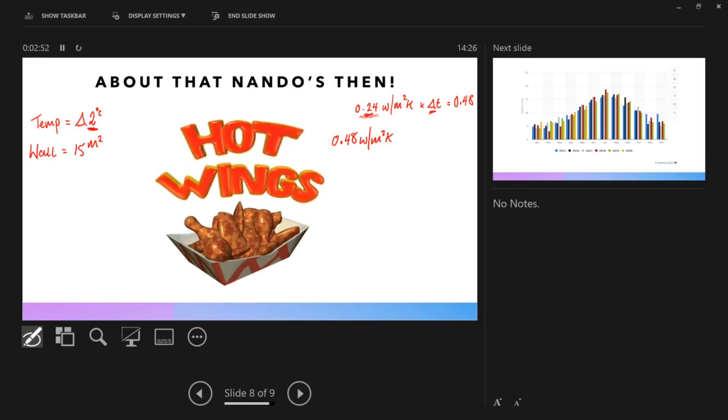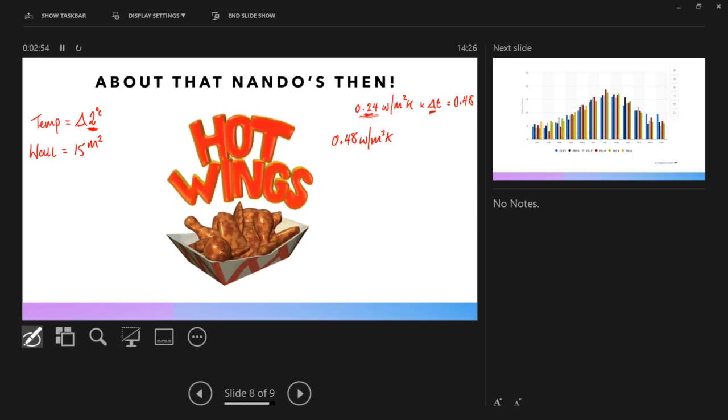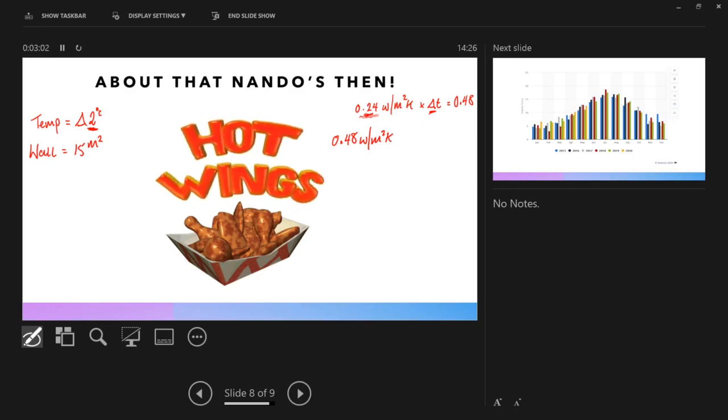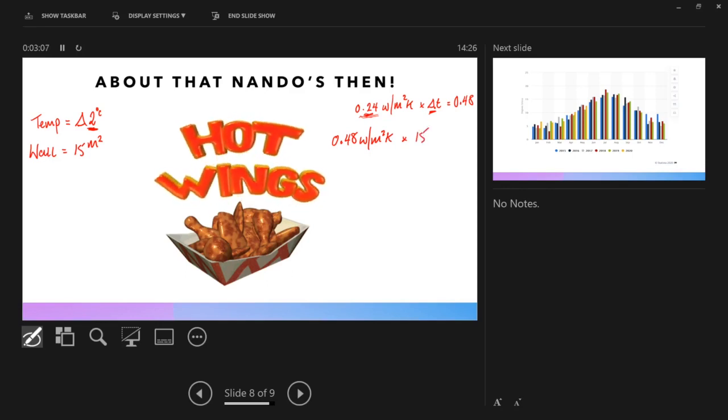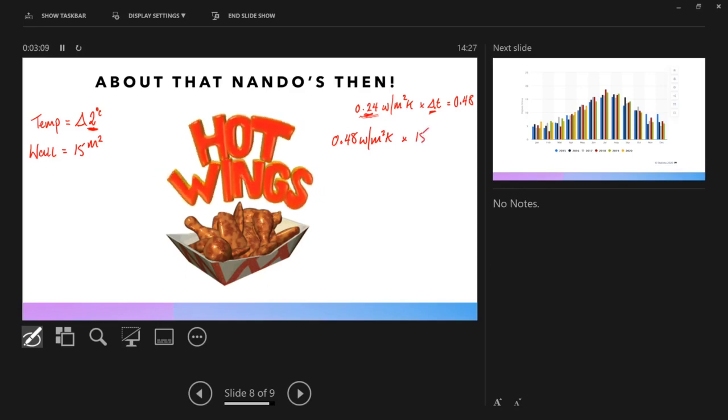Well, we need to look at the wall space, the amount of meterage. So it's 0.48 multiplied by 15, because that's how many square meters you've got. Don't forget, it's 0.48 watts per square meter.